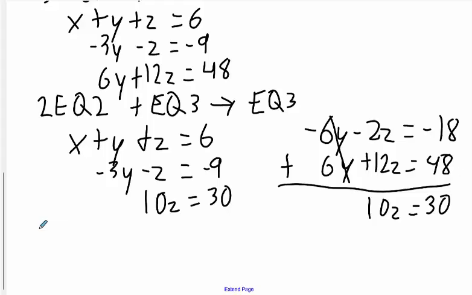The reason we want to do that is because if we try and add the first and second together, we're going to get an x back in the second one. And that's not what we want. We have them in close to stair steps. So now we don't want to do any more adding to each other. So our next step would be to say that negative 1/3 times equation 2, and we're going to replace equation 2.